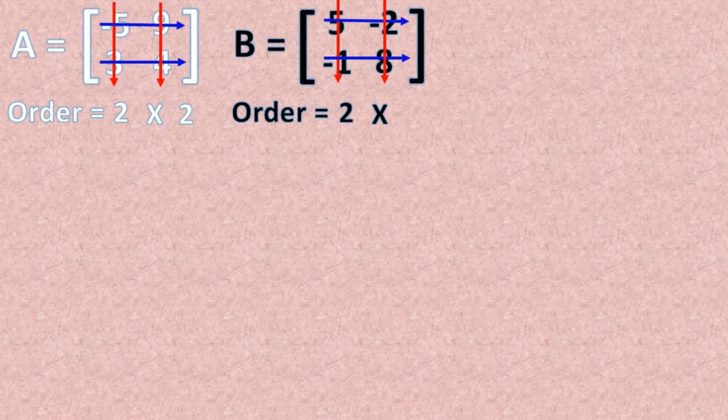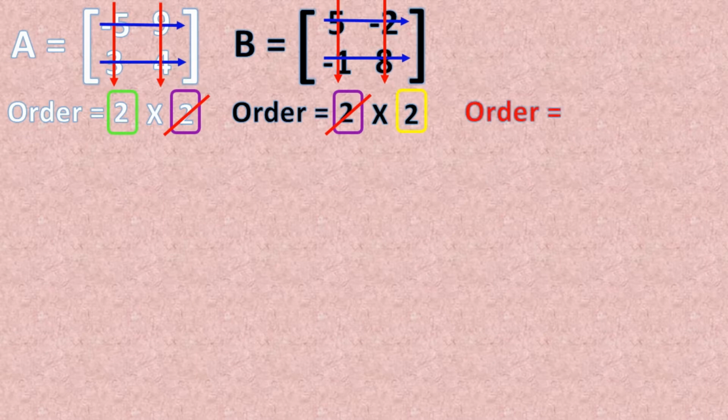There are 2 columns. So to decide the order of the product, first cancel the columns of matrix A and the rows of matrix B. They are the same, we can cancel, which means the product can be found, and the order of the product will be green 2 and yellow 2, which means 2 by 2.